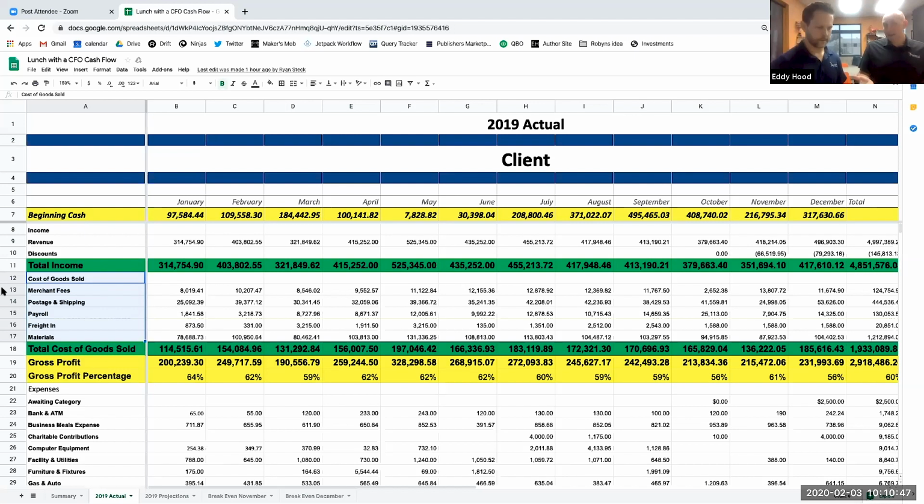Ignite Spot's a good example if you're looking at it from a service standpoint. You just explained how it would be if you were actually building and making something. Yeah. If you're a service-based company, we have people here at Ignite Spot that are billable, meaning that they charge by the hour, or they charge by project, or they charge by client. They're people who are actually doing the bookkeeping and doing the work, so doing the consulting. Okay. Those are our direct labor costs that are our costs of goods sold.